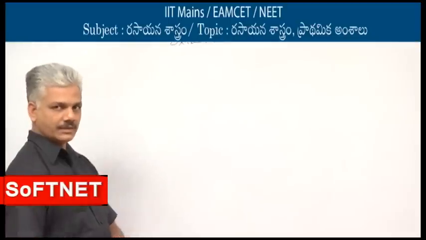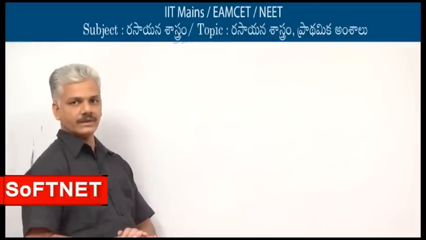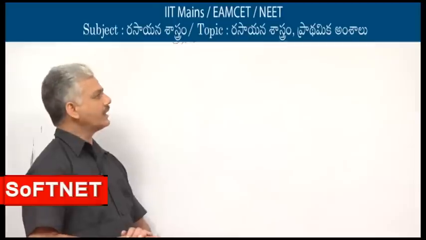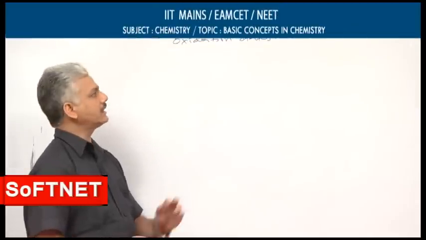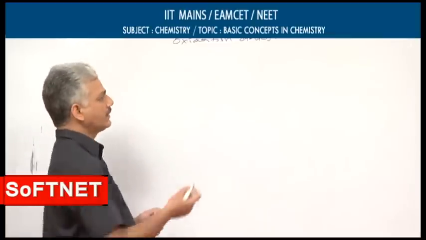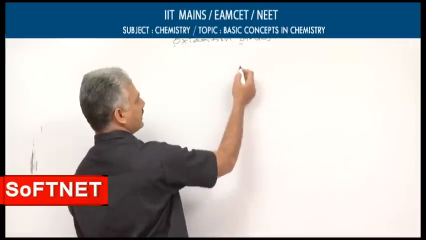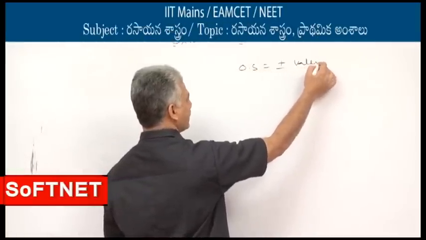The combining capacity of an element with other elements is commonly called valency, and valency, if represented along with charge, can be taken as oxidation state. So, oxidation state can be taken as equal to plus or minus valence.